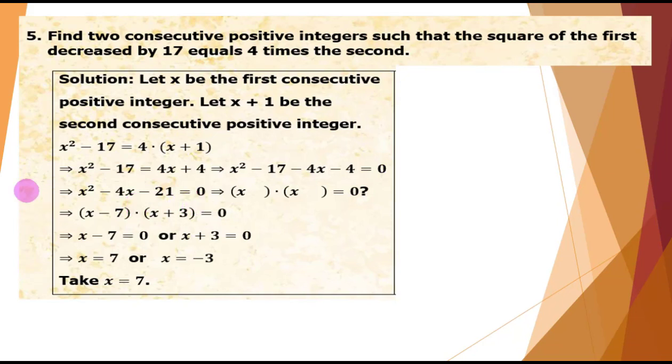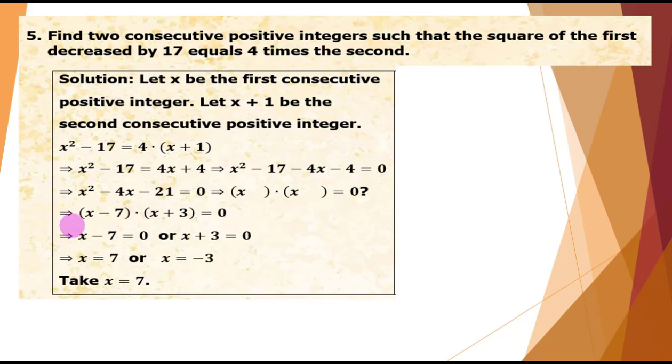Then we have x squared here, so we expect on this part x and x. We're not sure, so we are to factor by trial and error. What are the factors of 21 such that the difference would be negative 4? In this case, negative 21. So we have x minus 7 times x plus 3 equals 0.